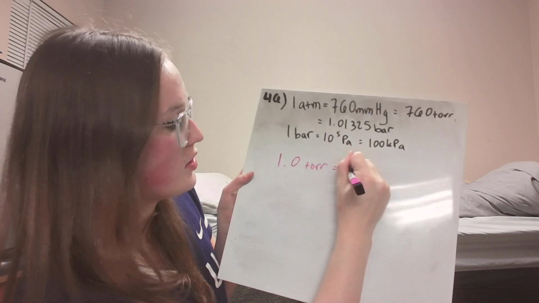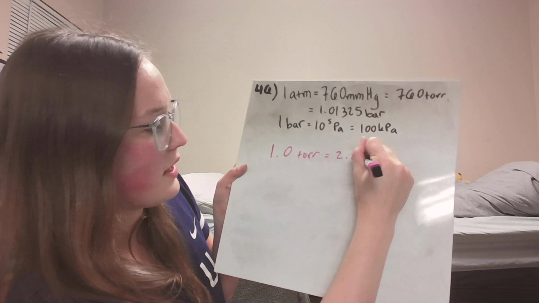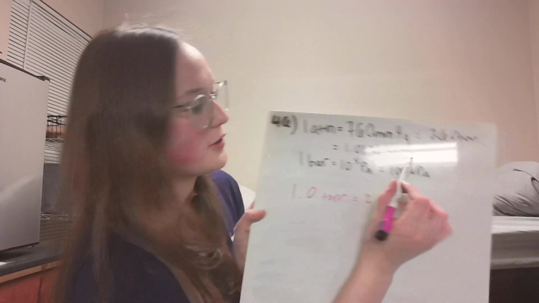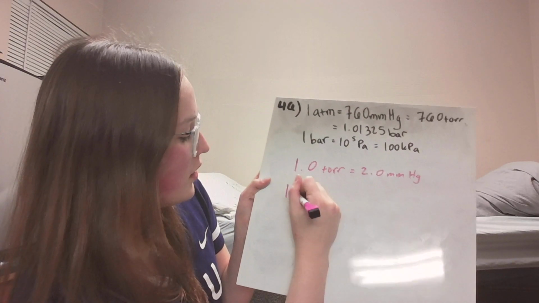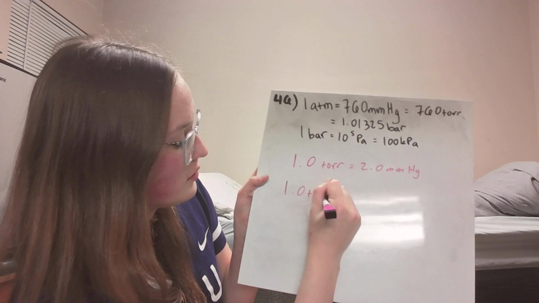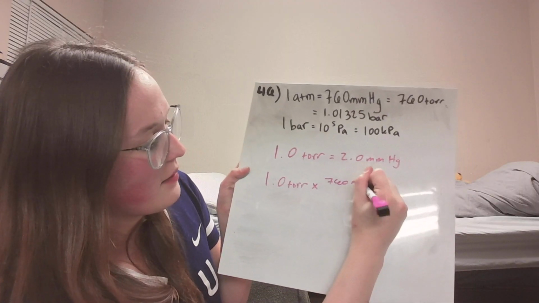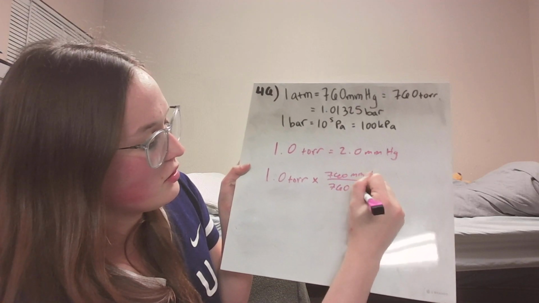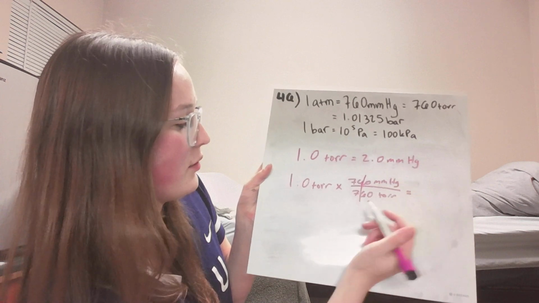So we do 1.0 torr equals 2 mmHg. We kind of know this is wrong because 760 equals 760. That doesn't work like that. But we're going to do it. So 1.0 torr times 760 mmHg over 760 torr equals, well, if it's 760 over 760, that's equivalent to 1 over 1.